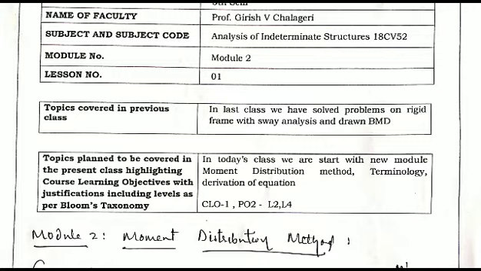In today's class, we are going to start a new module, that is the moment distribution method. Before starting this, let us know some terminology, some definitions of the points, then derive the relations between the terminology.